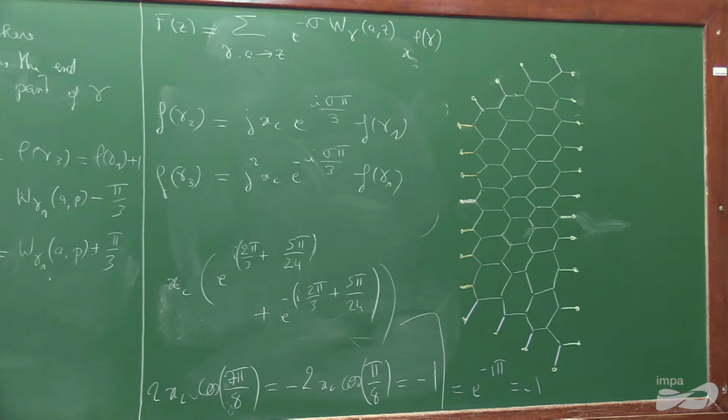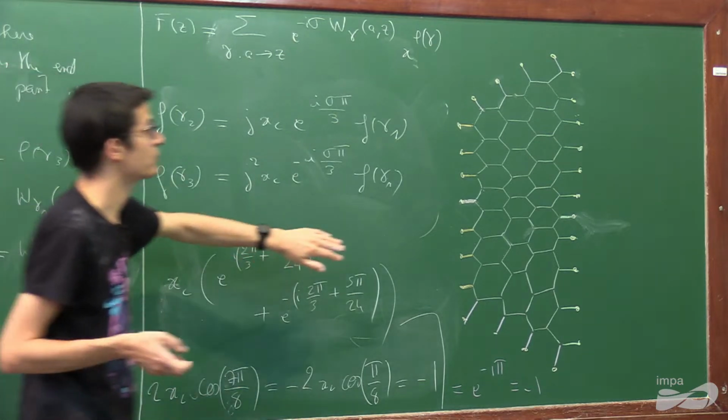Yes, I think we are basically done for today. And now I will take 15 minutes to announce what we are going to do next time, and to explain why I drew this picture.